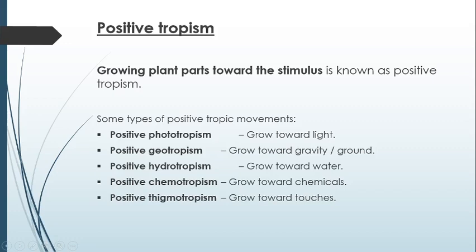Positive geotropism means growing toward gravity or the ground. Positive hydrotropism means growing toward water. Positive chemotropism means growing toward a chemical. Finally, positive thigmotropism means growing toward touch.